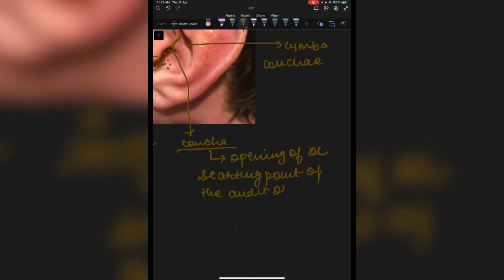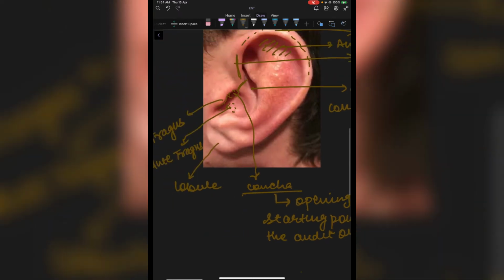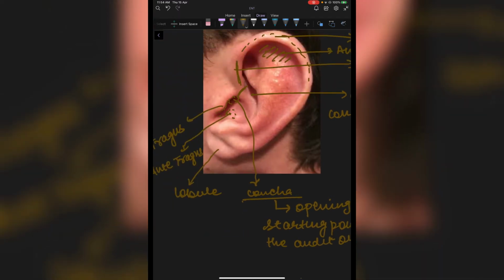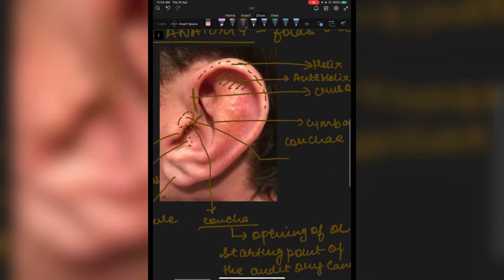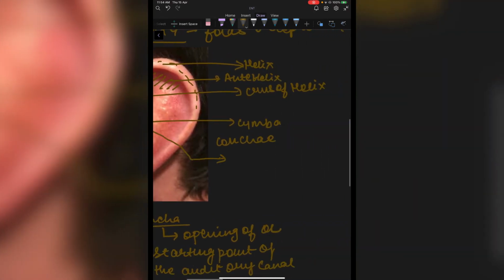This area between the tragus and the crus of the helix is called your incisura semilunaris.